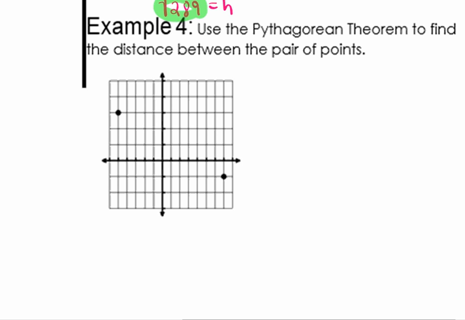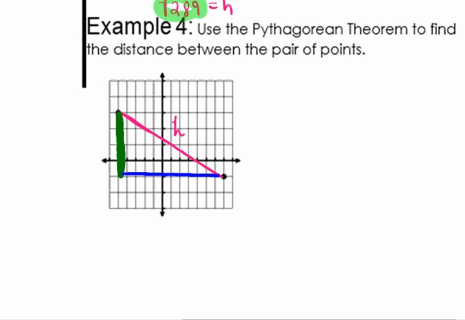Now, example 4 says, use Pythagorean's theorem to find the distance between the pair of points. Here's the pair of points I'm interested in. That's the distance I'm interested in, or my hypotenuse. So let's call it the hypotenuse. Here's my leg on one side, and here's my leg going this way.